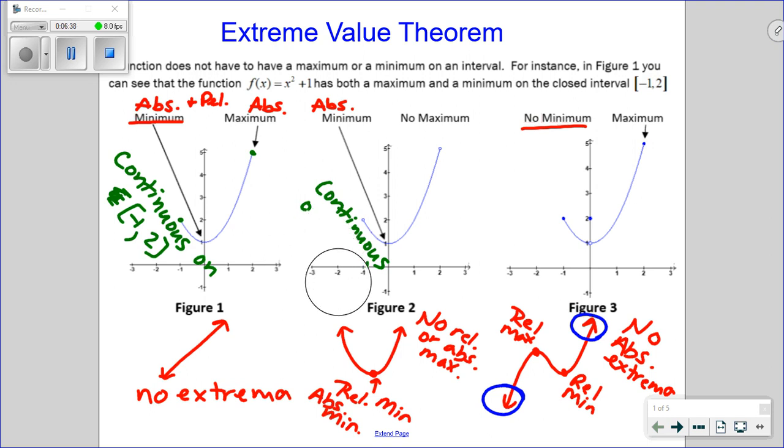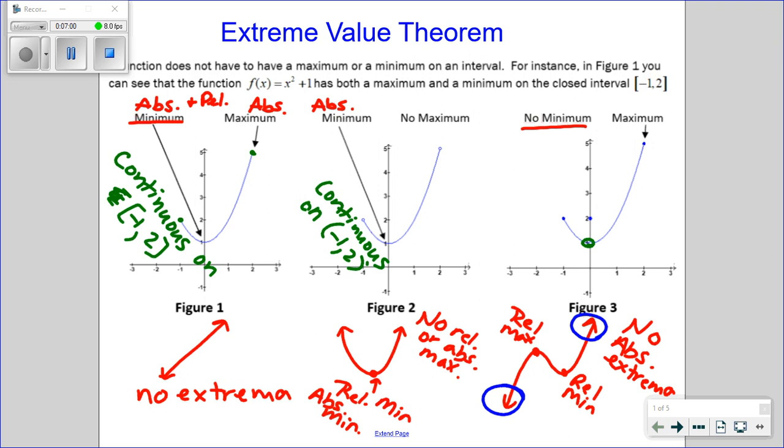And same thing for figure 2. This would be from -1 to 2, but again, we're using parentheses because of the open circles at the end. And then if you look at figure 3, figure 3 is a function on a closed interval, but the problem is it's not continuous because we have this open circle.